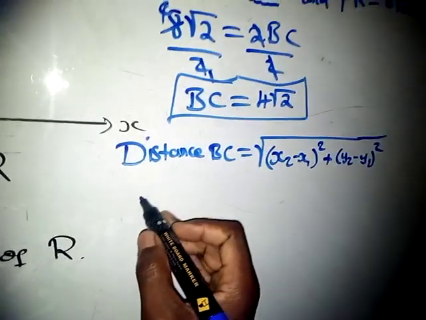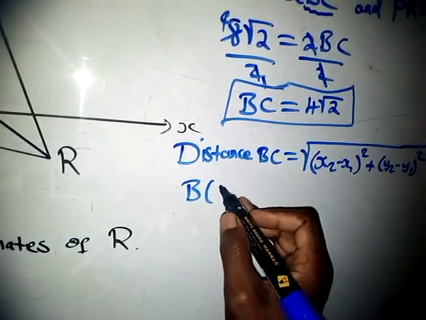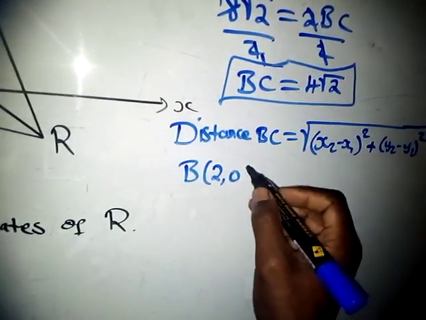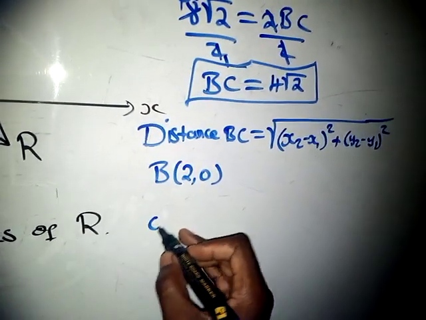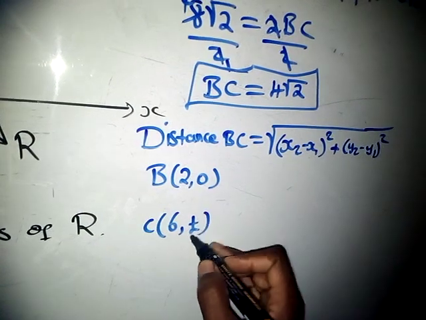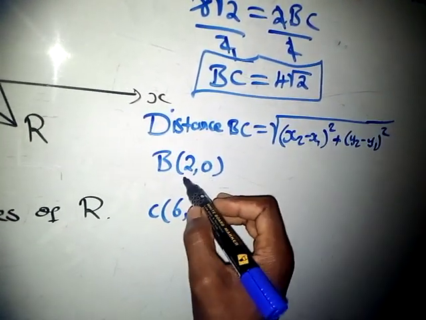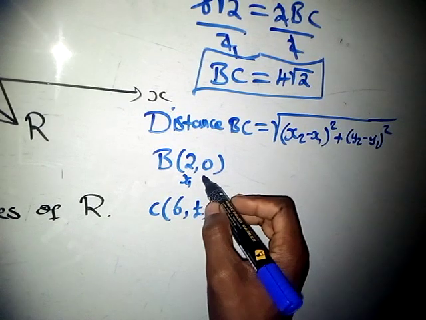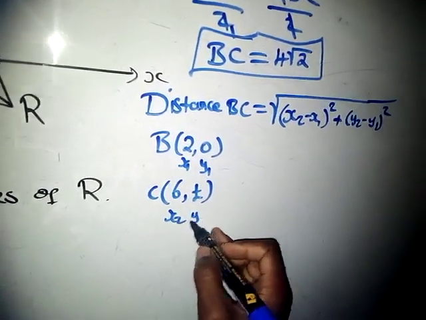Now we're going to establish what B is. The coordinate of B is 2, 0, and the coordinate of C is 6, t. Now we're going to label B as x1, y1, and C as x2, y2.